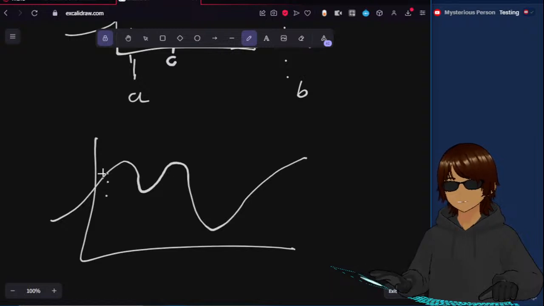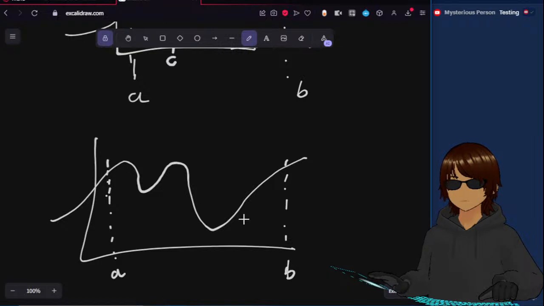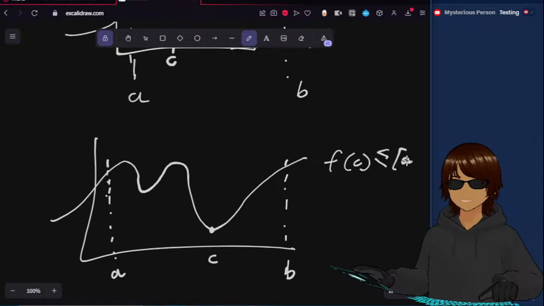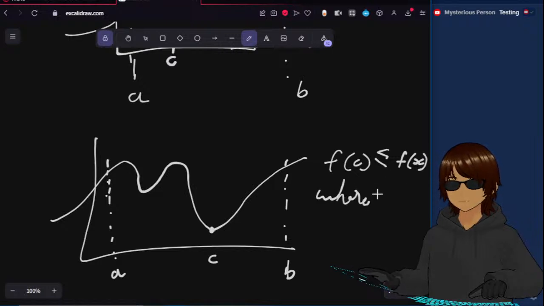If this is a, b, this here is the absolute minimum, since f of c is the smallest value within the interval between a and b.